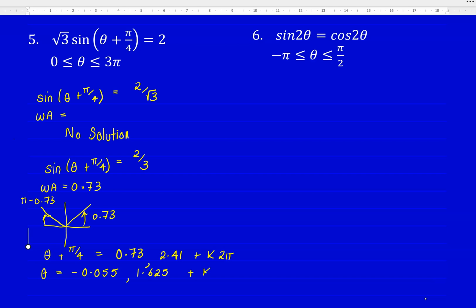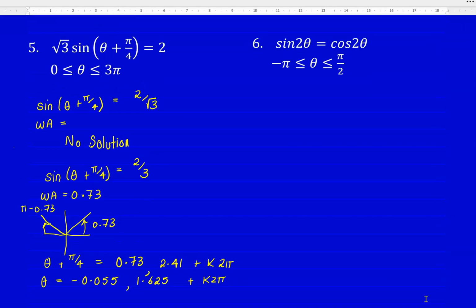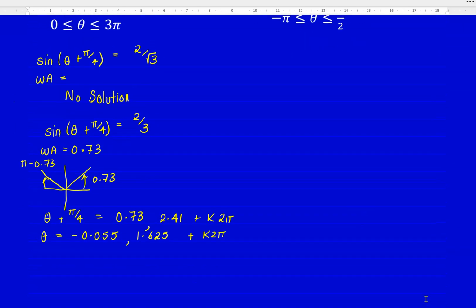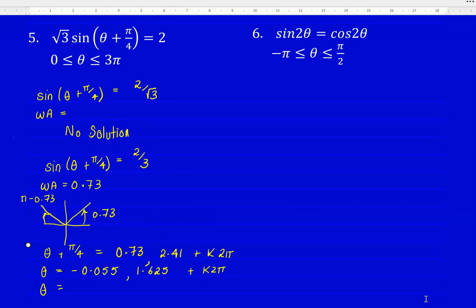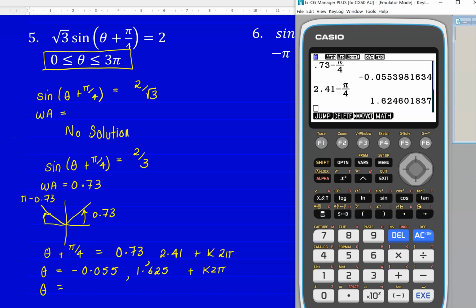Okay, plus k2 pi, and we look for our domain, right? These are our two official ones, but of course this first one won't actually be one of our possible solutions because we're looking at our domain up here. Okay, so we'll have minus 0.055 plus 2 pi.